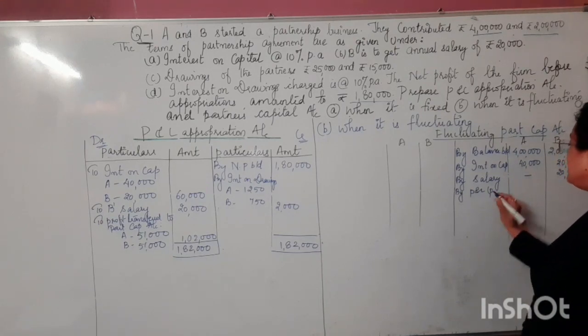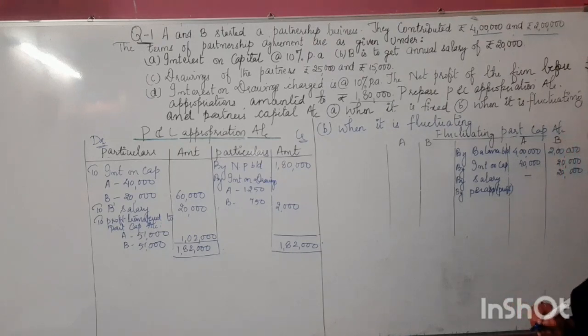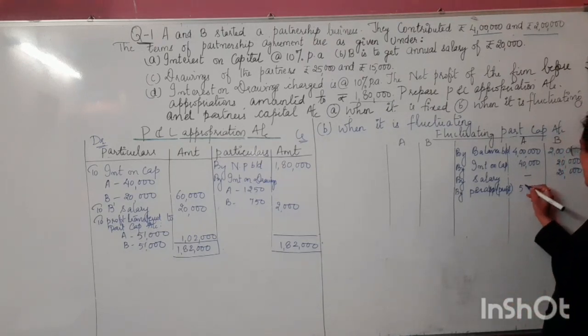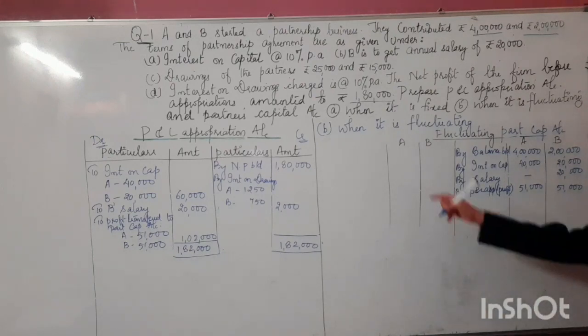So I'm writing here by profit and loss appropriation, in brackets, profit. For further clarity, I will be having 51,000 for A, and for B it is 51,000.